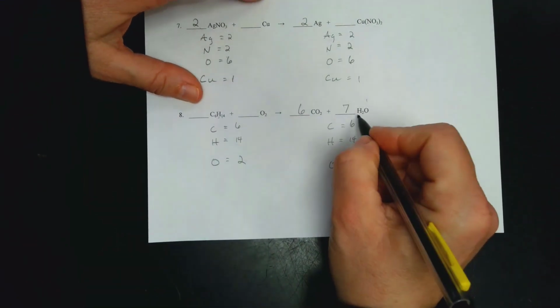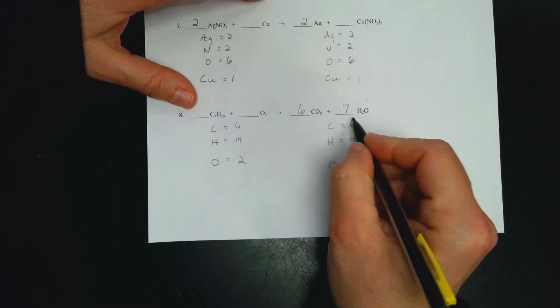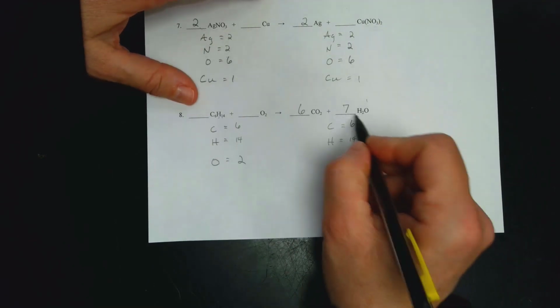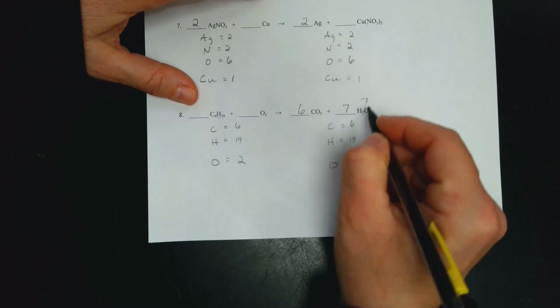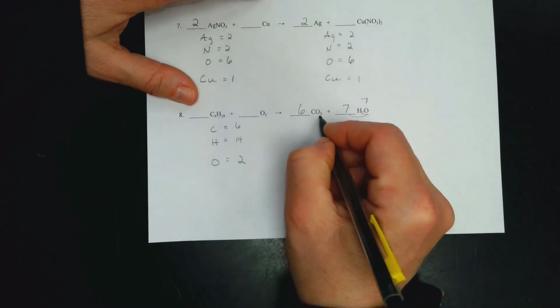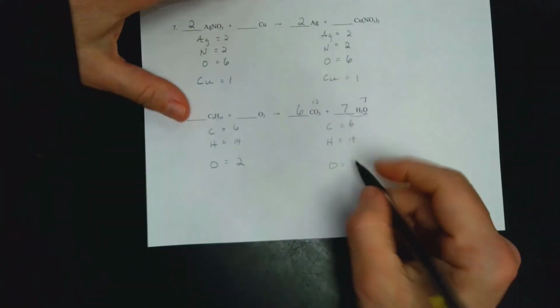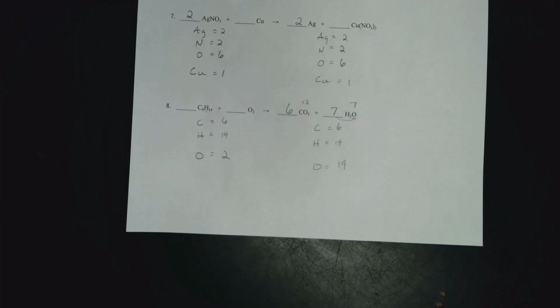So I've managed to balance because I have 7 times 2, which is 14. But remember, I still have to update my quantity of oxygen. So I've got 7 oxygens right here. So 7 times 1 is 7. And if you recall, I have 12 oxygens here, which gives me a total of 19. Oof. That's a little bit nasty.